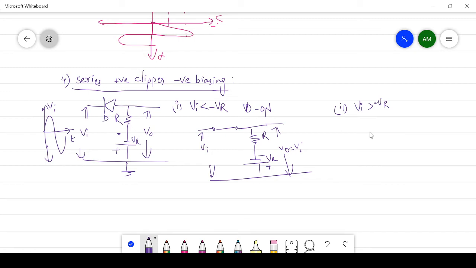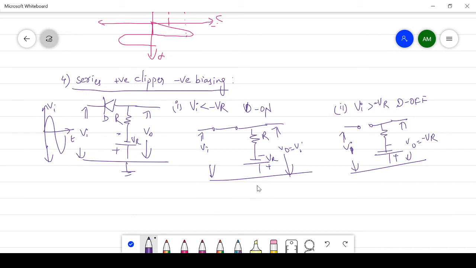So in the reverse biasing, diode is off. Diode is off is nothing but it acts as an open circuit. So there is no current passing through this circuit. Then we can get output voltage is equal to reference voltage, that is minus Vr.